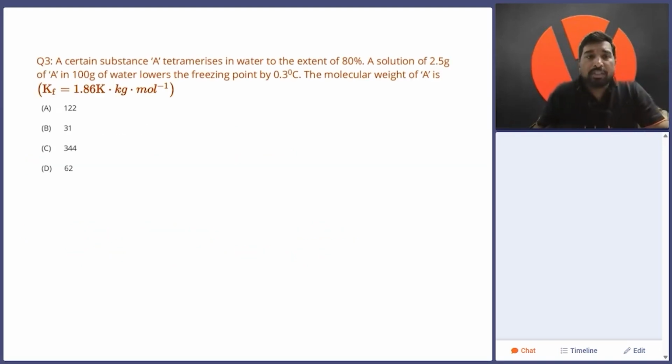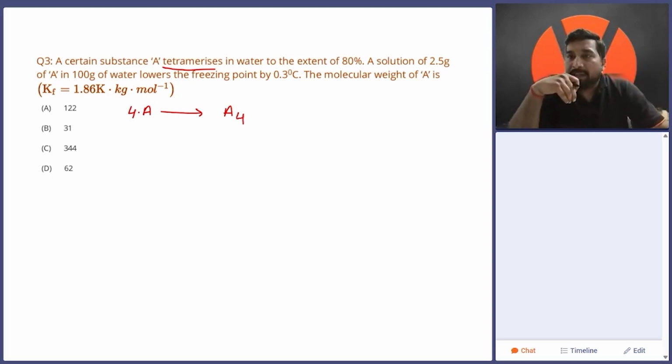If I'm talking about the third question, here what the question says: a certain substance A tetramerizes. Tetramerize means four elements will combine to form one molecule. Like suppose I'm taking an atom A, four atoms of A will combine and form A4 in water to the extent of 80%.